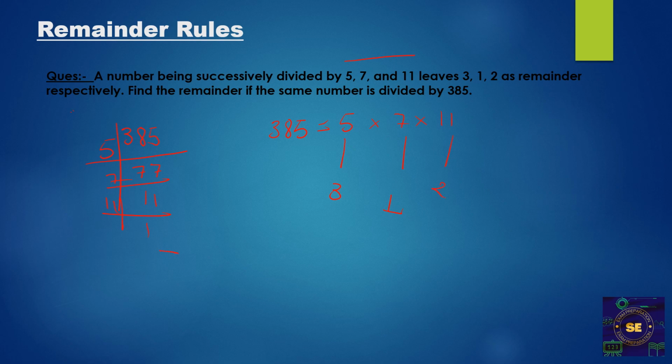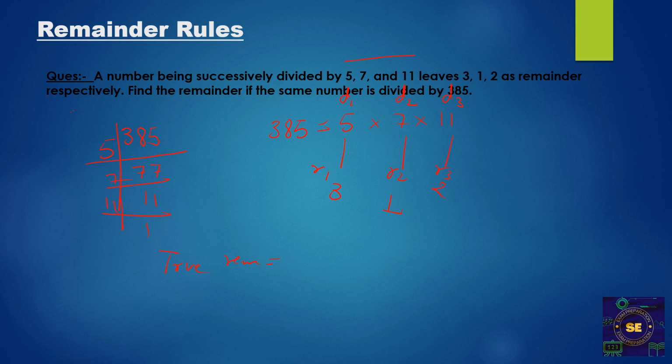So what will be the true remainder? Here 5 is D1, 7 is D2, 11 is D3, and 3, 1, 2 are R1, R2 and R3.